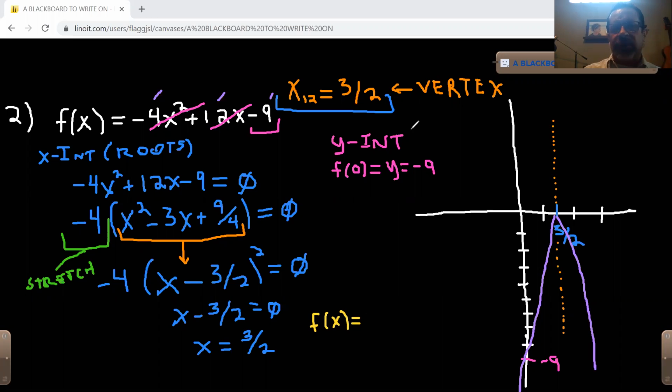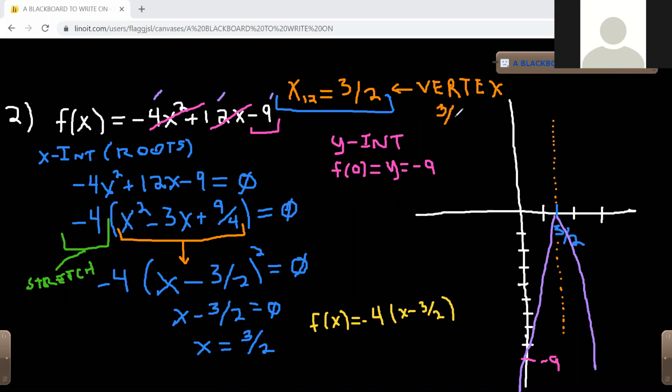I believe the standard form is when you use the vertex. So in this case it would be minus 4 times x minus 3/2, squared. And in this case, the coordinates for the vertex are 3/2 and 0. 0, correct.